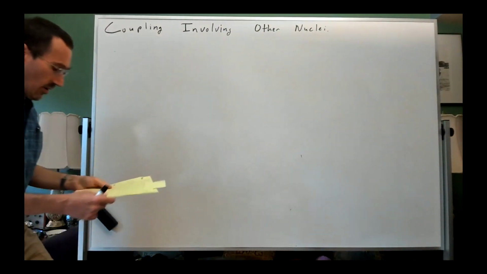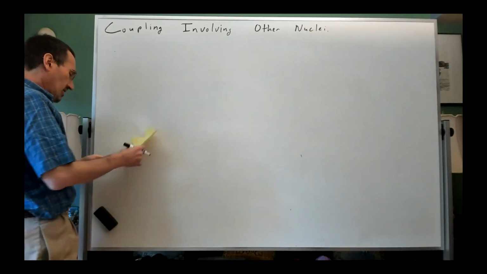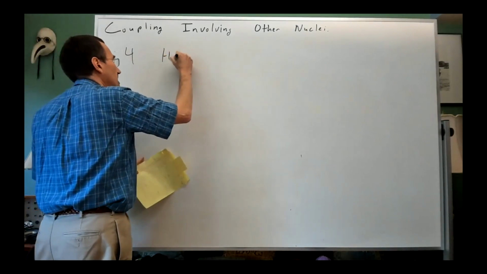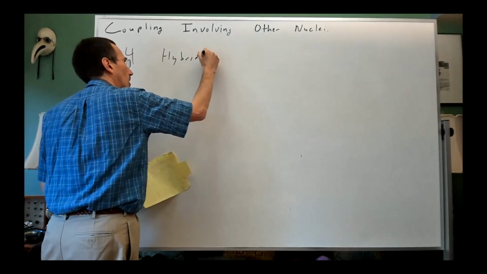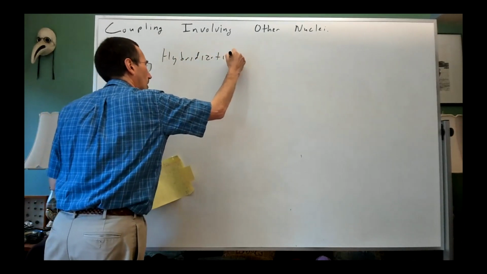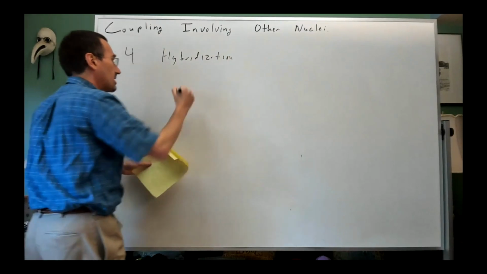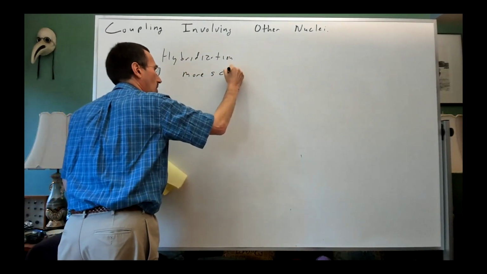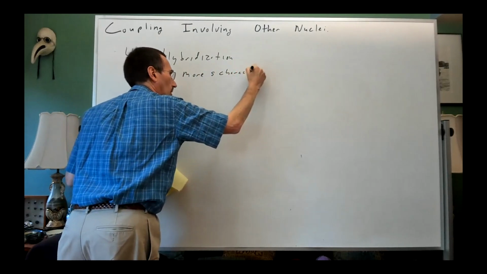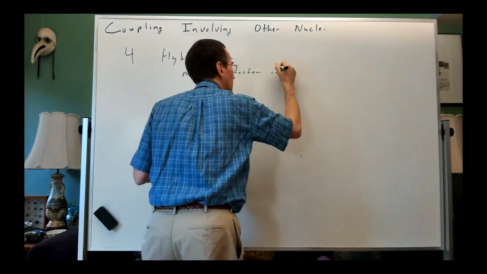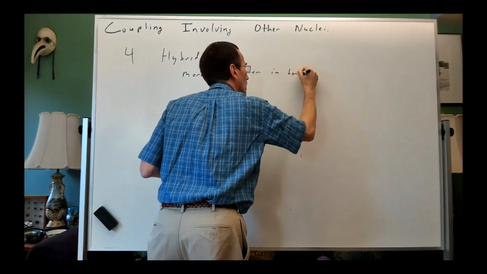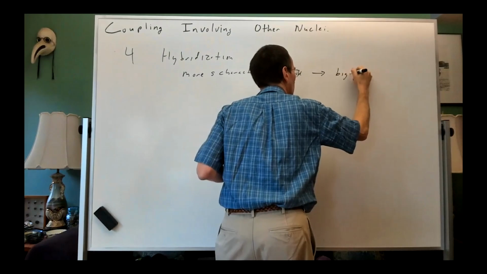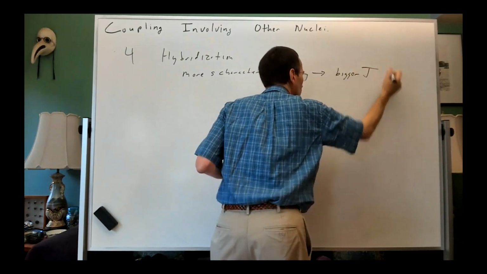All right, so I mentioned 5 factors, so let's talk about additional factors. Hybridization. More s character in the bond generally leads to bigger J values.